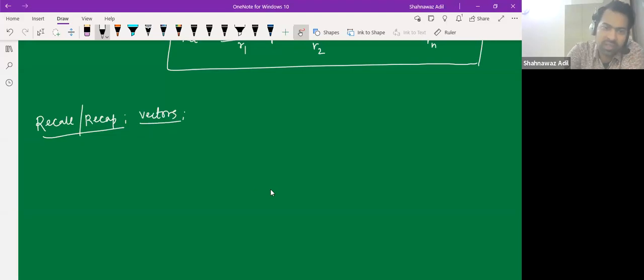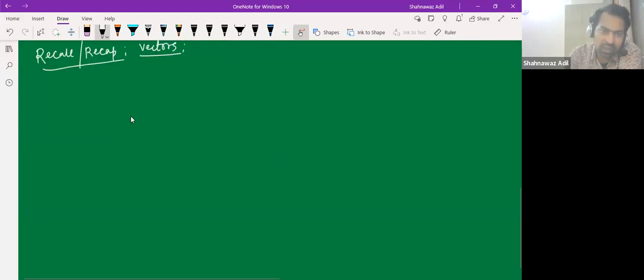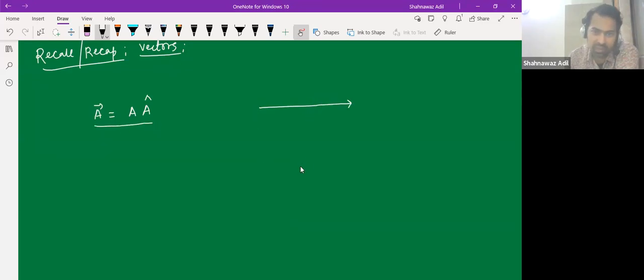Okay, so first, we already know that a vector is a physical quantity which has magnitude as well as direction, right, guys? Yes, sir. If I represent a vector in this manner, this is the geometrical representation, and this is the mathematical representation.